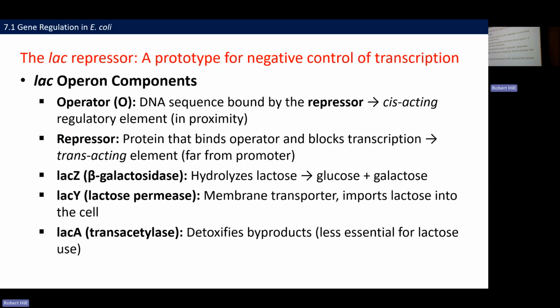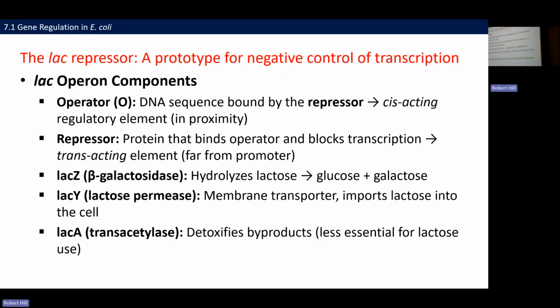Transacetylase, there's still a lot of debate on the purpose of this enzyme. It's not directly essential for the metabolism of lactose, but it's still included within this operon. All right, so the promoter and those three structural genes are an essential component of this operon, but there are also two other parts. There is an operator sequence, which is found downstream of the promoter.